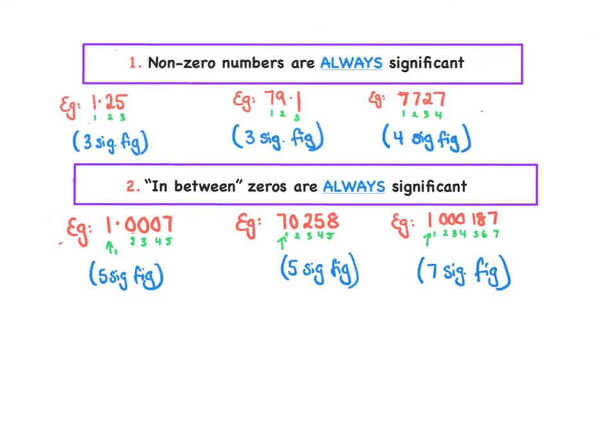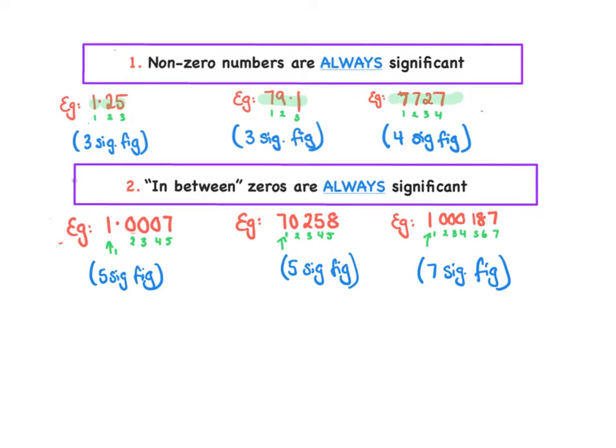Here are some examples of non-zero numbers, which are always significant. This number here, 1.25, shows 3 significant figures: 1, 2, 3, all non-zero. This one is also 3 significant figures, and this is 4 significant figures.